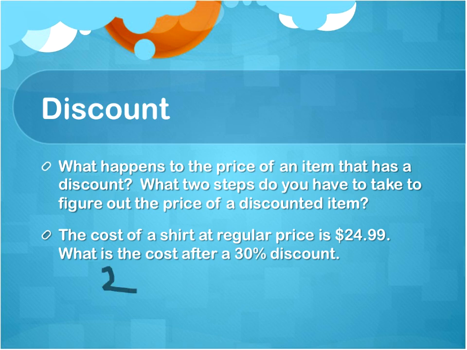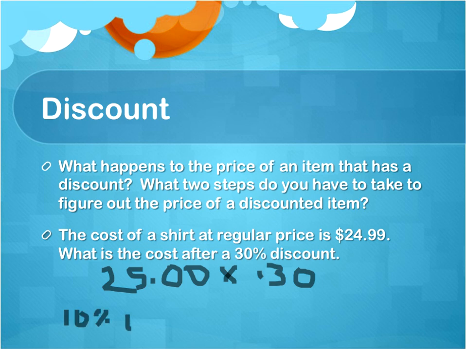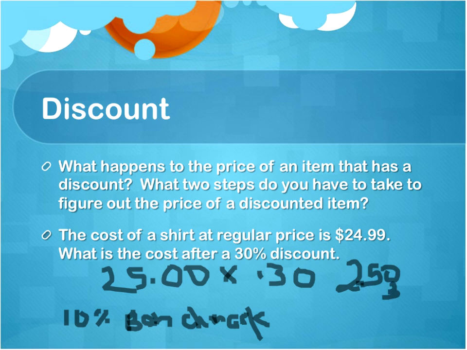Well, first of all, we've got to figure out that discount. So I'm going to round to $25 because that's what I'm allowed to do because we're in BC. And I'm going to have times 30%. Or I can use my 10% benchmark. All right. So we know we've got $2.50 as our 10% benchmark. Times 3 is going to be $7.50.